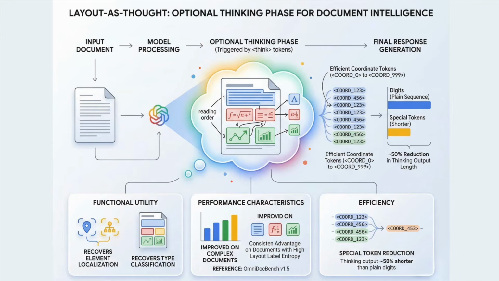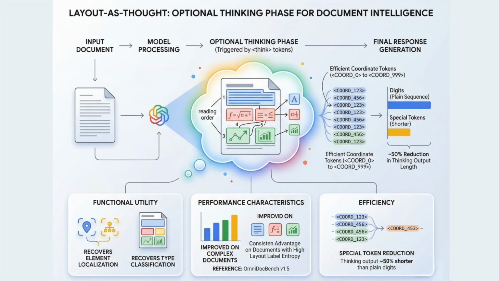The layout-as-thought mechanism is an optional thinking phase triggered by tokens that enables the model to generate structured layout representations, including bounding boxes, element types, and reading order before producing the final output.